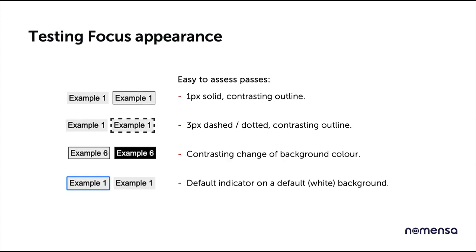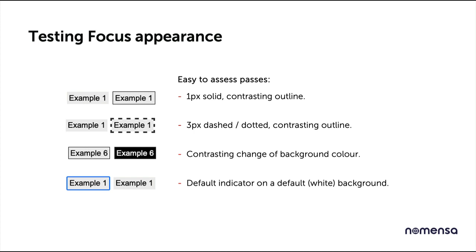So when testing focus appearance, there are a few examples that we can look at and pretty much just see that they are passing. So if it's a 1 or more pixel solid contrasting outline that has both adjacent and change of contrast, that will pass. It's meeting the option 1 part of the success criteria. If you've got a fairly thick, say 3 pixel dashed or dotted contrasting outline, that will also pass.